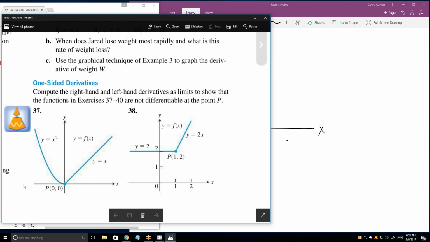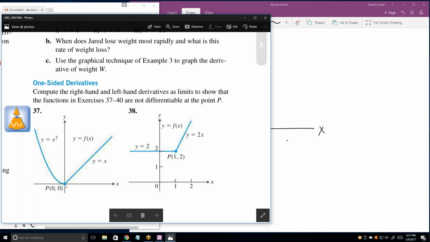Now, let's look at 37 just so I can illustrate my point. If I want the slope from the left, what's the first derivative of this function? Use the power rule. Oh, okay. So 2x. What's its value at this point right here?